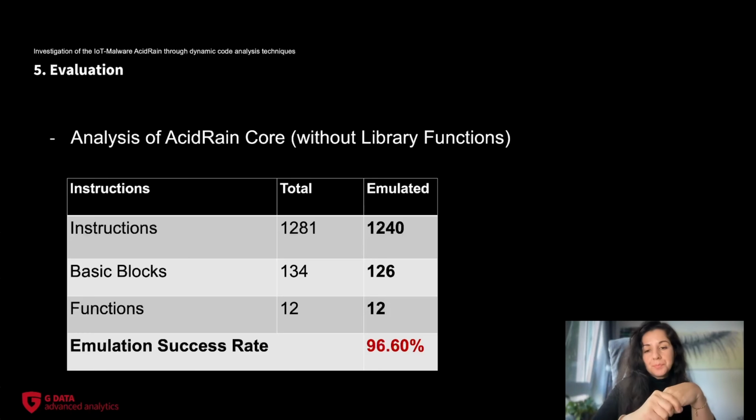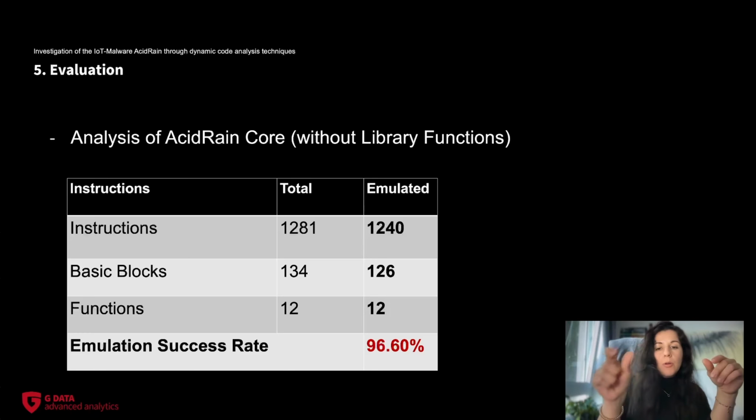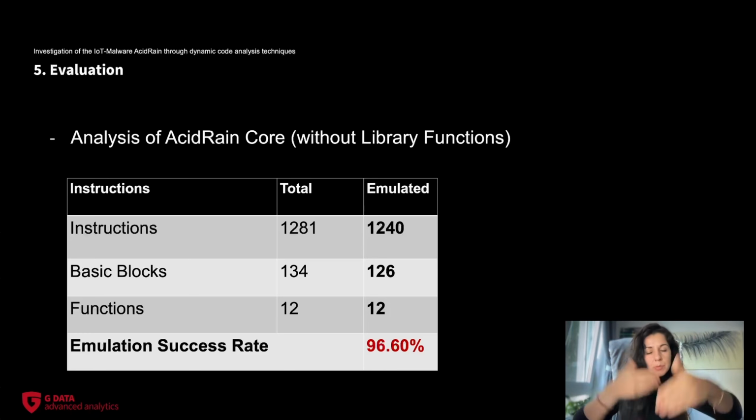Just a few instructions were not emulated, and these are just error exception paths. Probably some instructions for the error handling were not executed, and this is why there's a little gap.